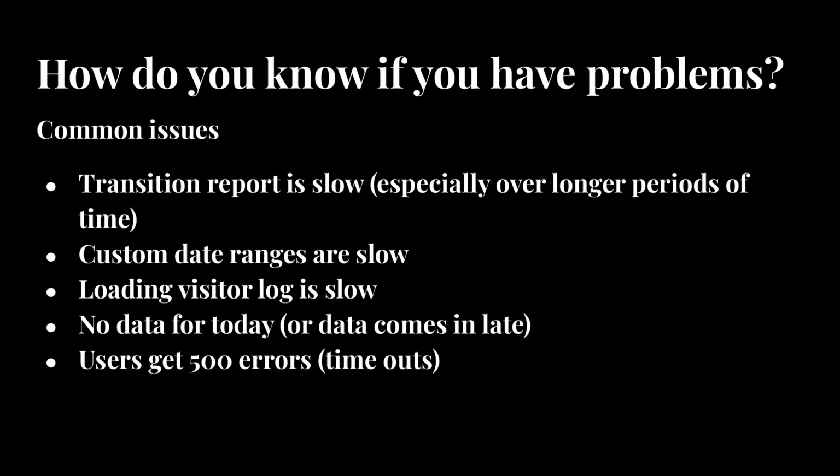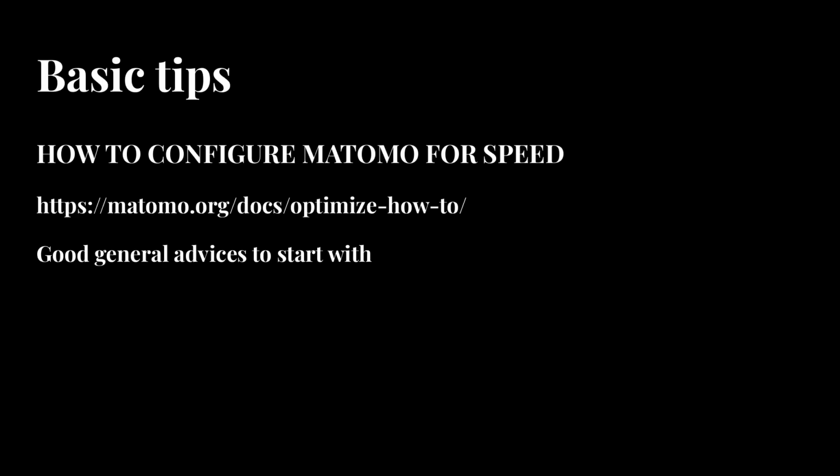There are no general solutions here, but if you have a lot of these, and this is quite common if your data grows, you might want to look into your server configurations. First of all, look into the general guidelines. Always start there to see if you are even following the basics before you go into my more advanced recommendations later on.